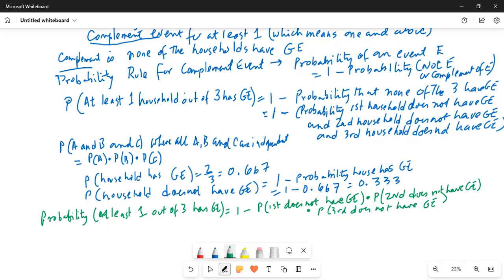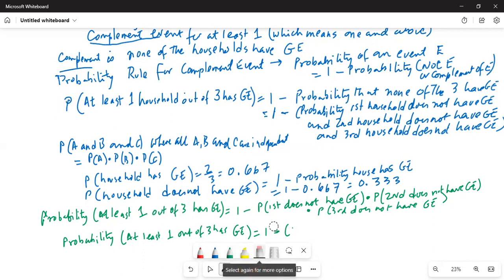So probability at least 1 out of 3 has GE is equal to 1 minus, let me make it clear, 1 minus 0.333 times 0.333.